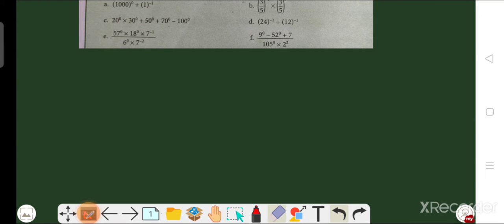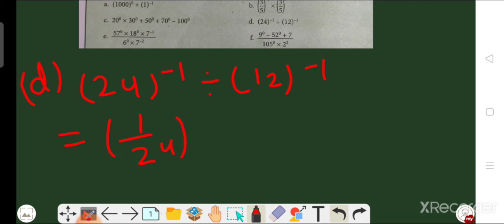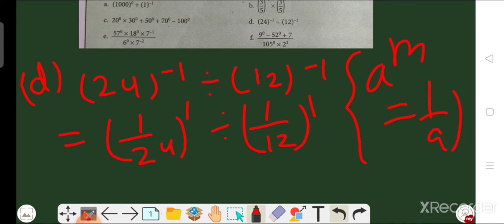Now we will do the next part, and that is D part. What is in D part? In D part we are given 24 raised to the power minus 1 divided by 12 raised to the power minus 1. So this is equal to 1 by 24 raised to the power 1 divided by 1 by 12 raised to the power 1, because a raised to the power minus m is equal to 1 by a raised to the power m.